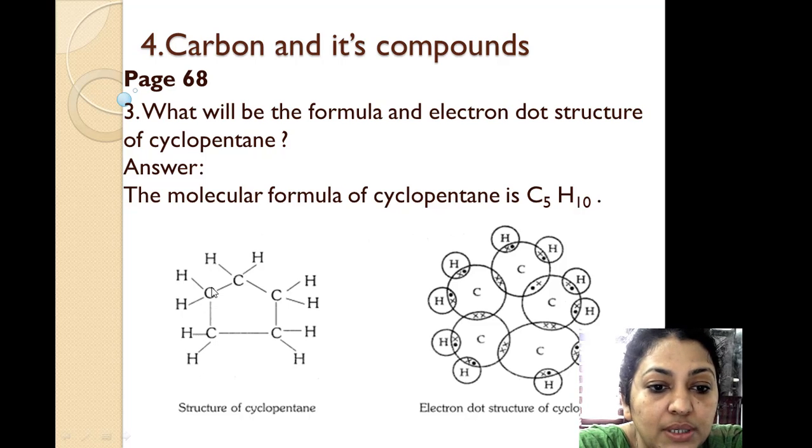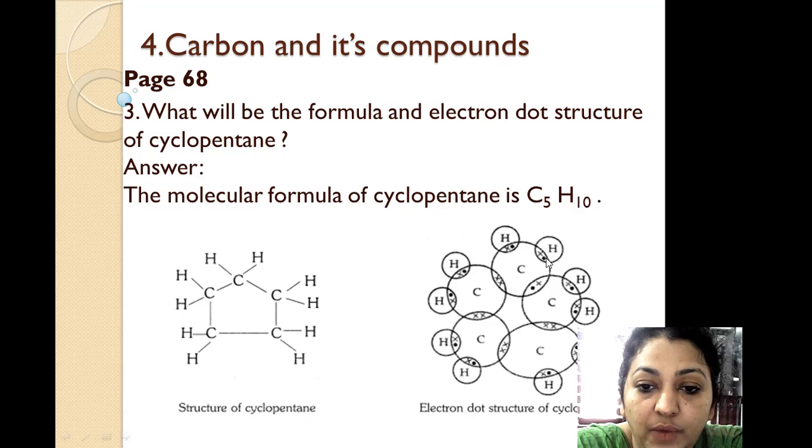So this is the structure, and from the structure you can easily draw the covalent bonding. Take this carbon; there are 5 carbon atoms in total. Each carbon atom is making covalent bonds with the adjacent carbon atoms and with 2 hydrogen atoms. Just draw it and learn.